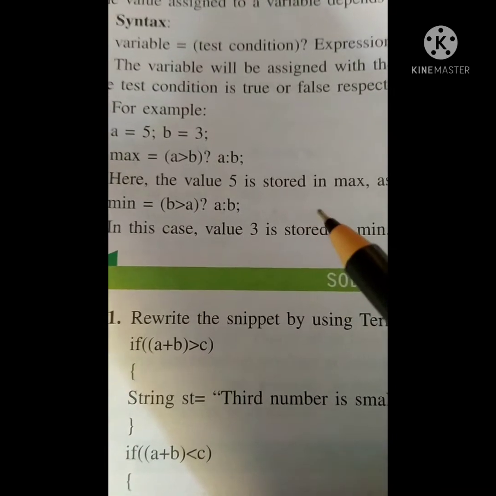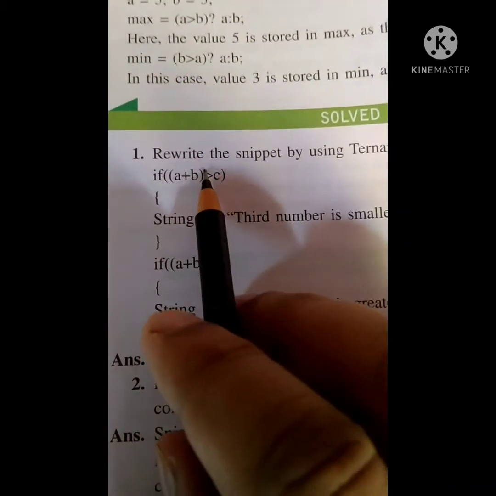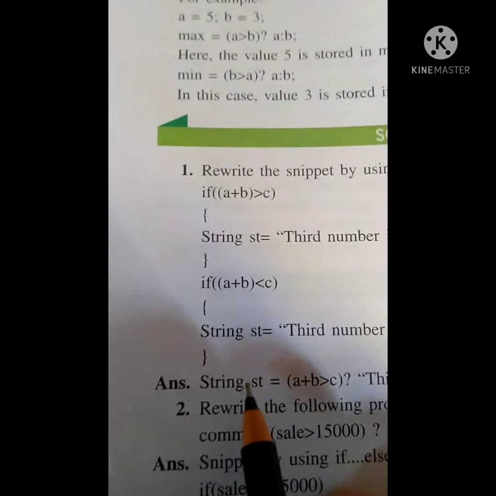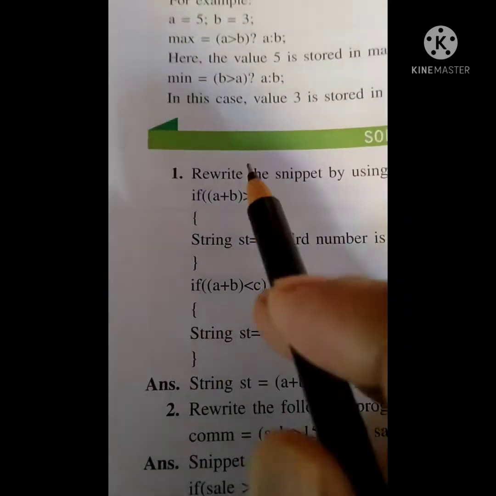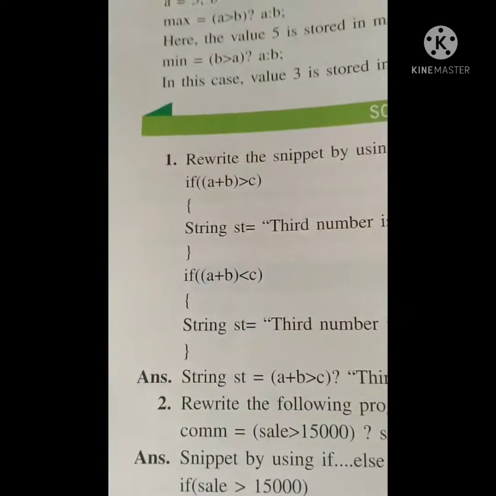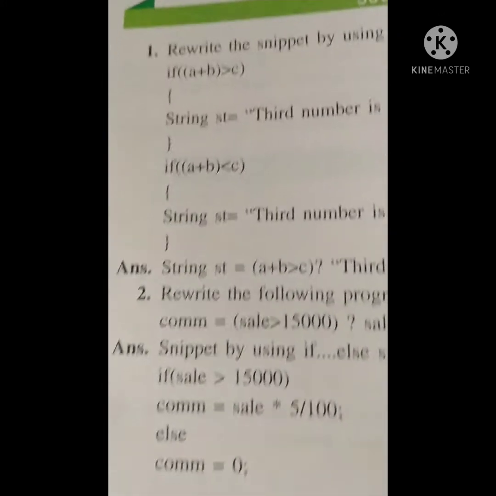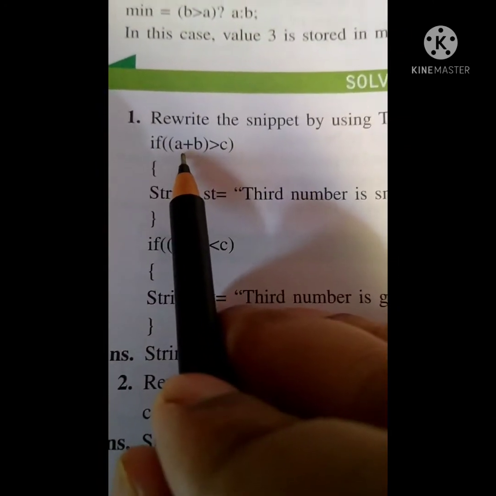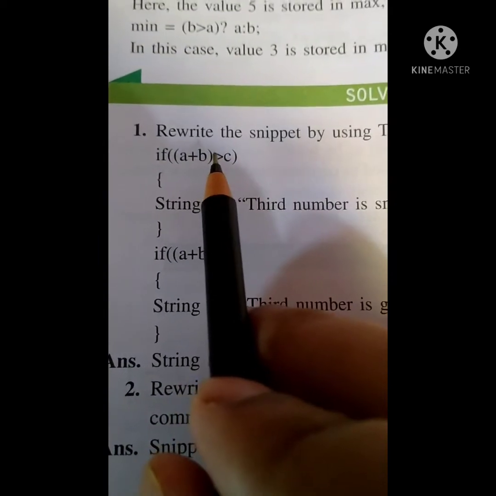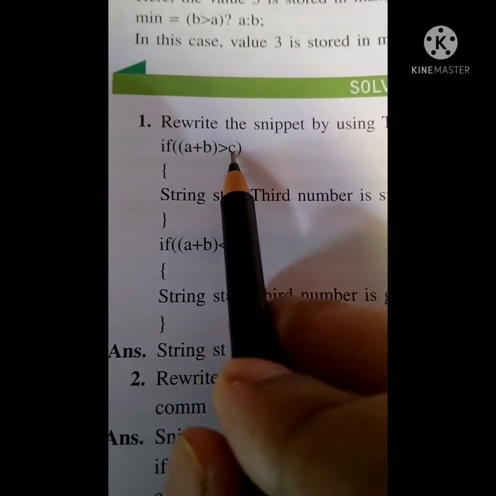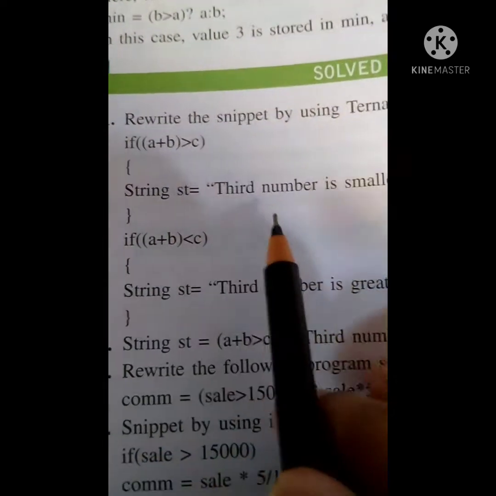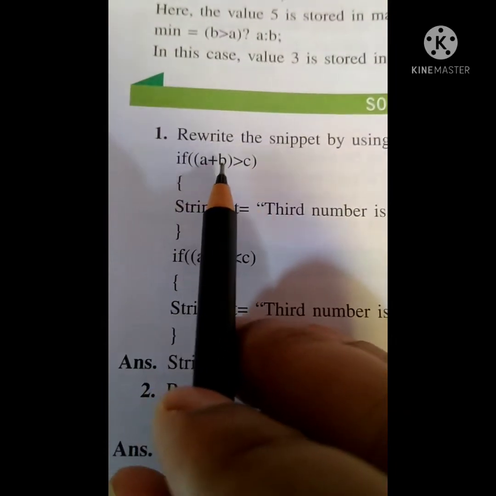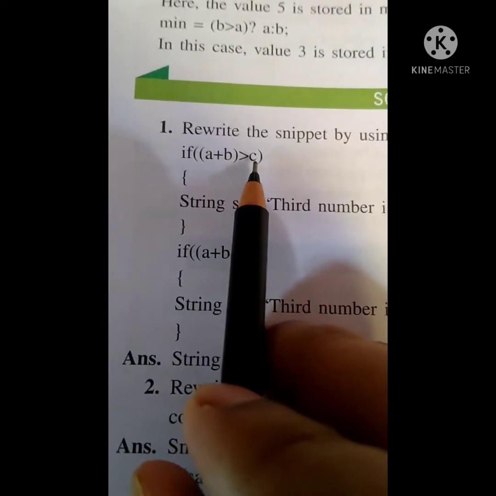We will see programs. Okay, so here it is written: rewrite the snippet given here using the ternary operator. The snippet is given here in if-else statement form, and we have to convert this into a ternary operator. If a plus b greater than c, then the string is: the third number is smaller. a is the first number, b is the second number, and the third number is c.